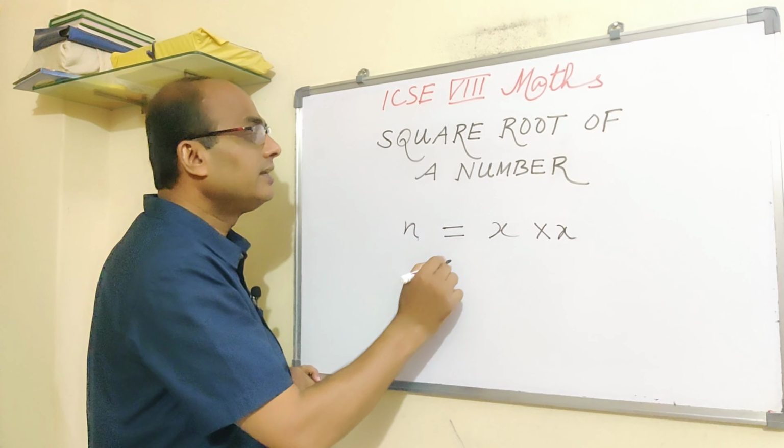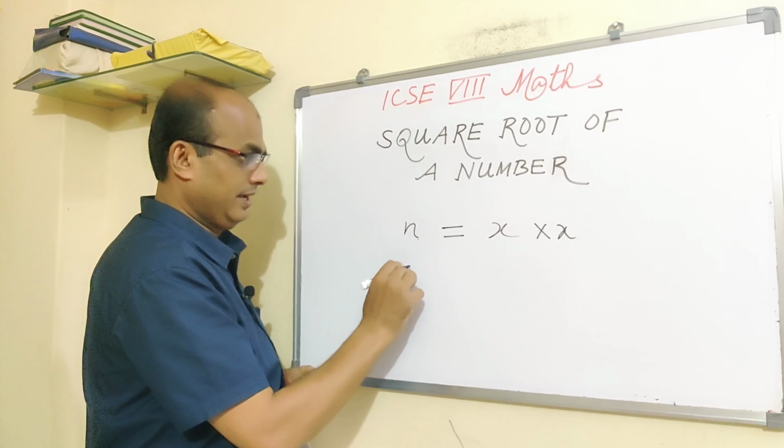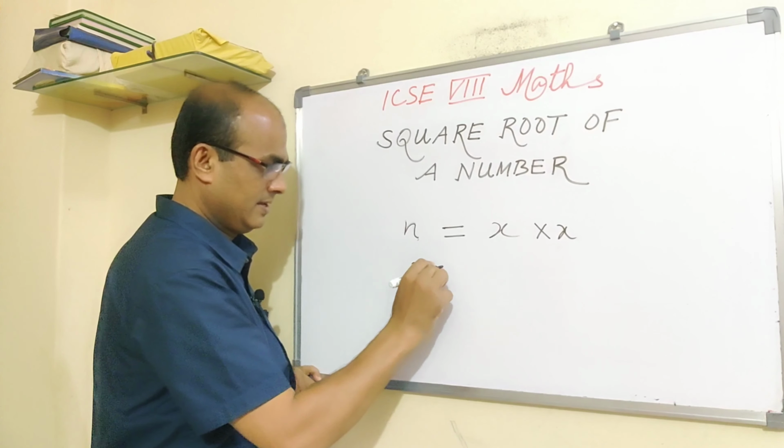So we write n is equal to x square, and therefore x is equal to root n.